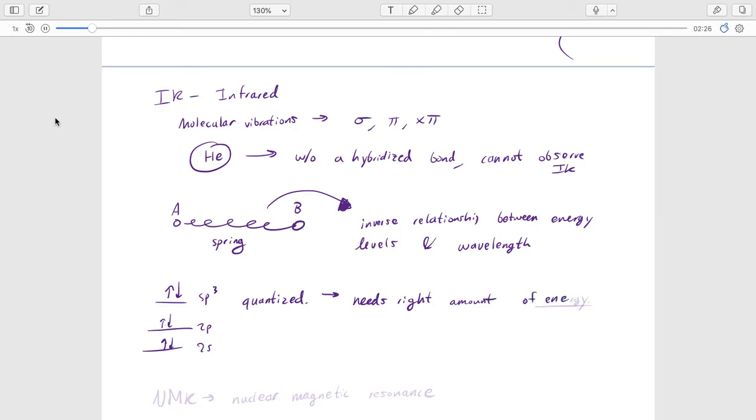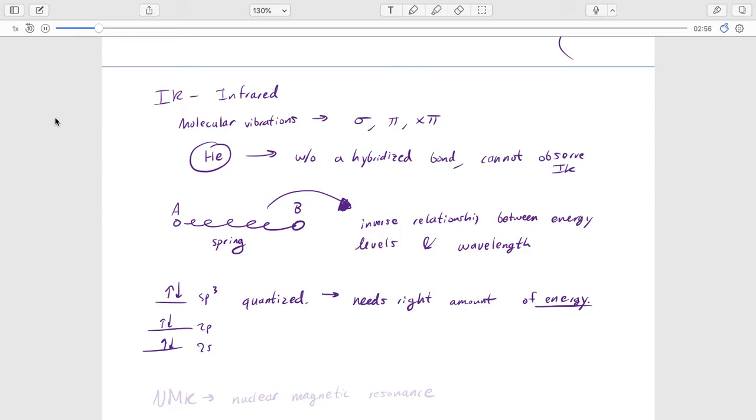Even if it's just a little bit off, it cannot react. It has to be exact. Otherwise, it doesn't react. So that's why IR and NMR are both very useful analytical tools, because we know that when we read it, something is there.